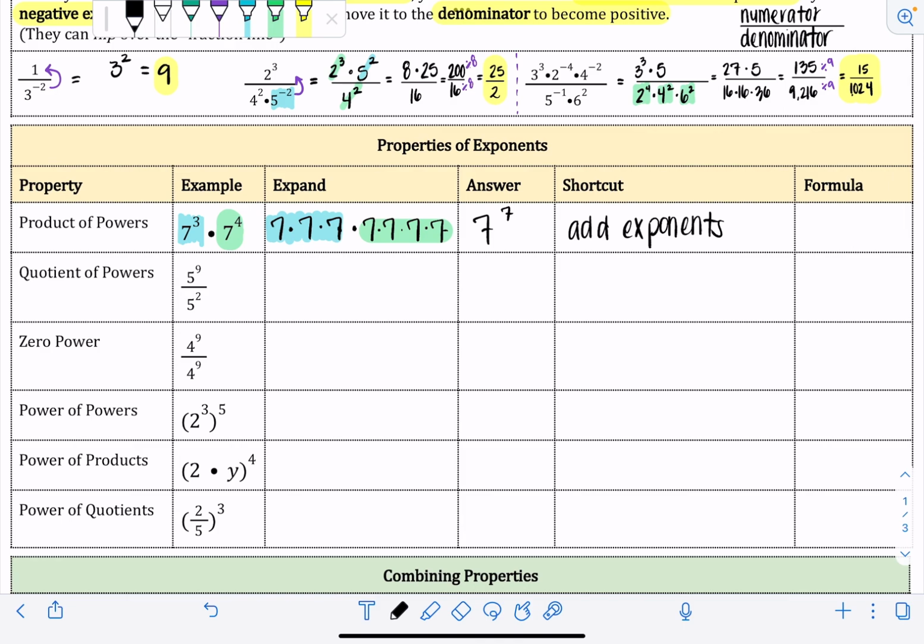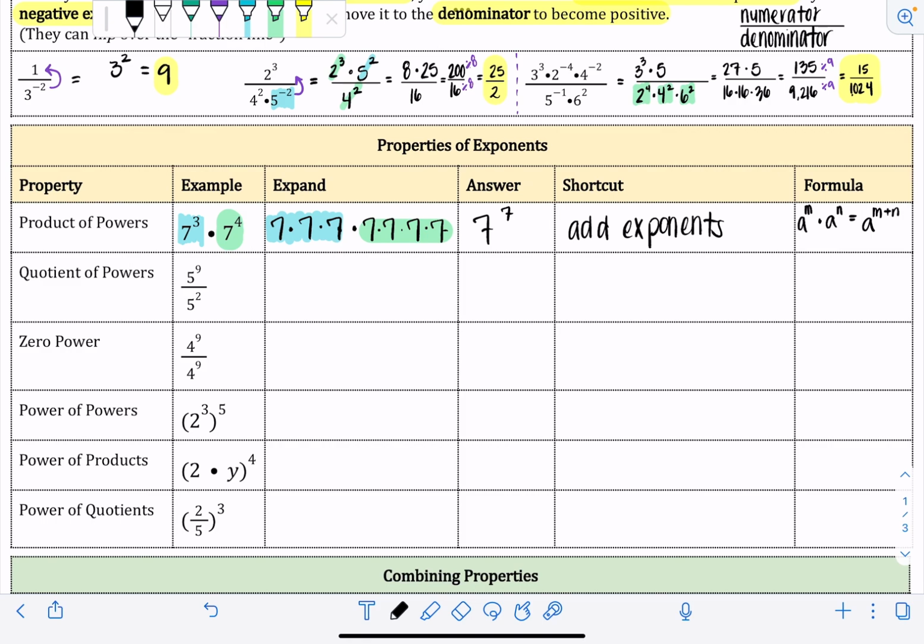And the formula, the version that doesn't have any numbers in it: if I have a to the mth power, any exponent, times a to the nth power, I can simplify it into a raised to the m plus n. So I just add the exponents together.